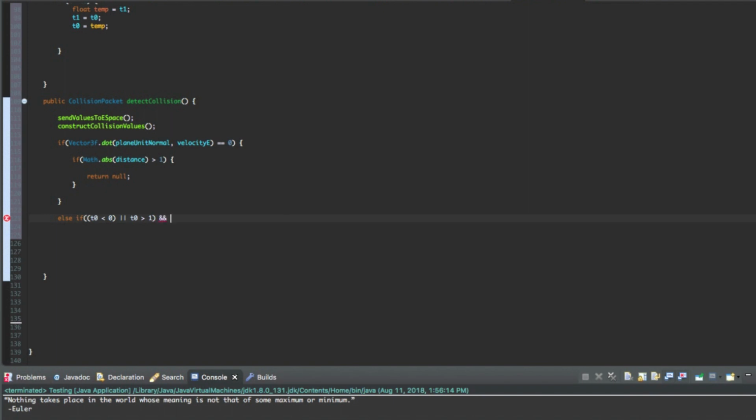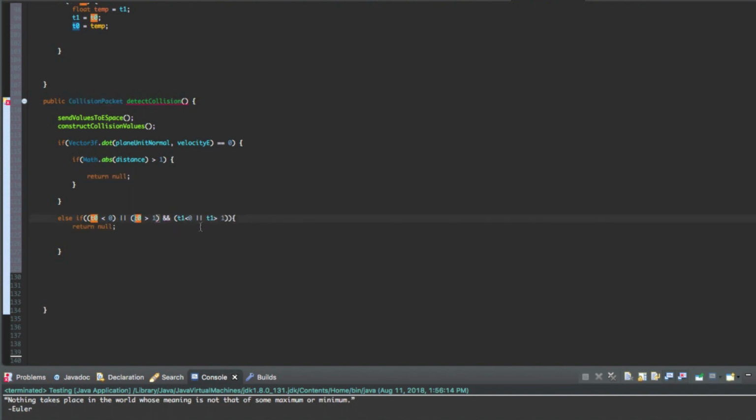So and t1 is less than 0 or t1 is greater than 1. And then if this returns true, then we can return null as well. But I actually have to get these parentheses correct.